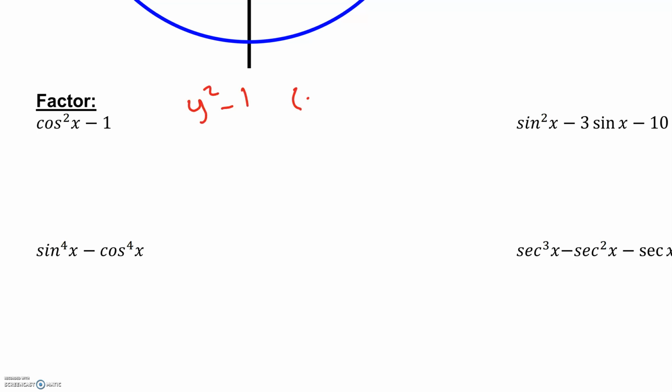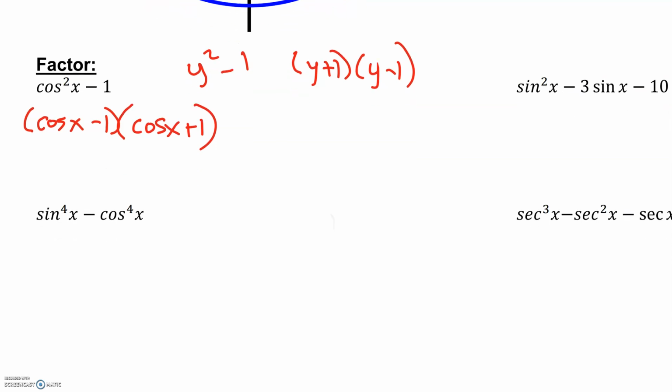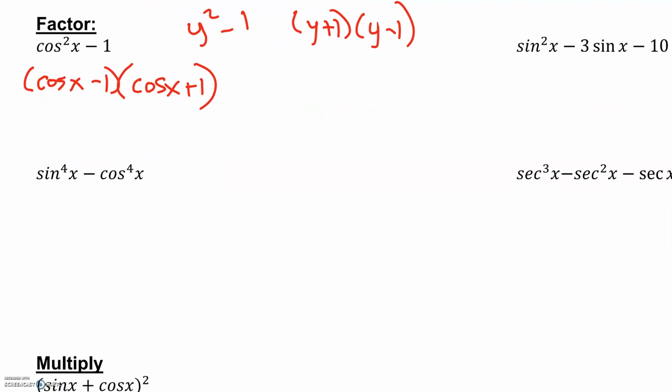I think we would agree that is y plus 1 times y minus 1. Well, this is just in terms of trigonometry. So this would factor to be cosine of x minus 1 times cosine of x plus 1. The one right below it is another difference of squares. It just has a couple steps on it.